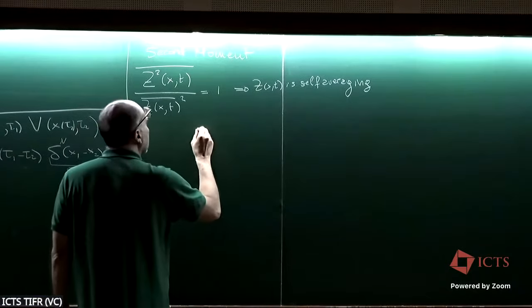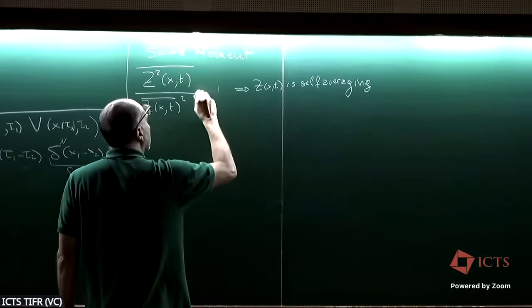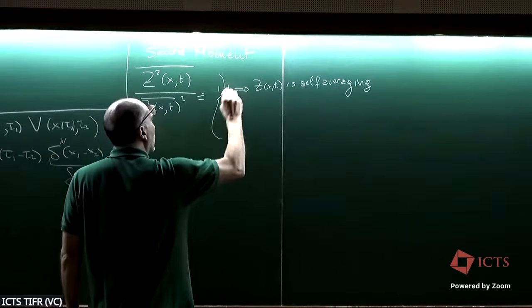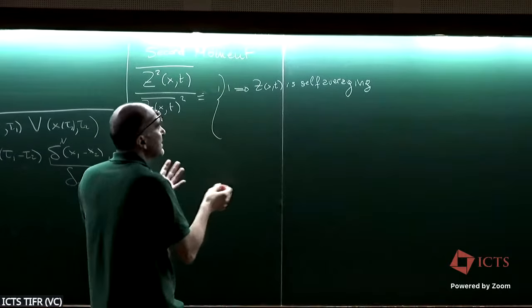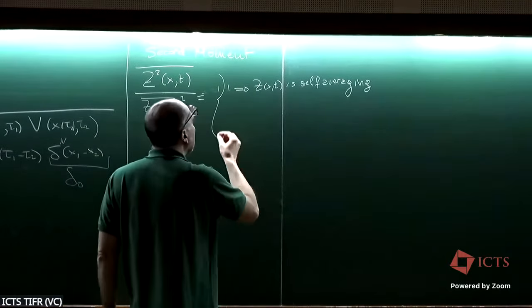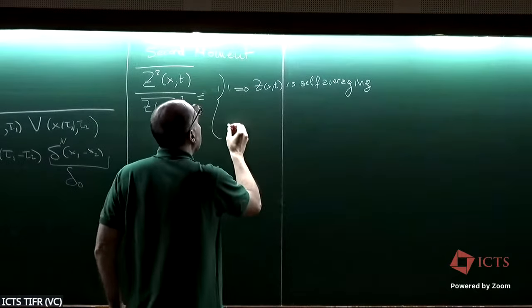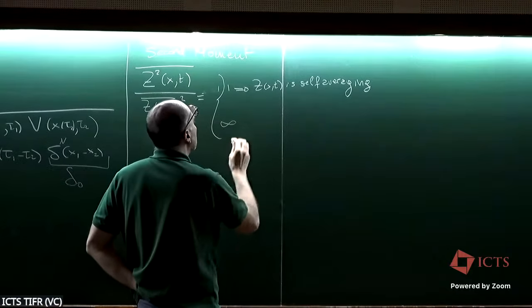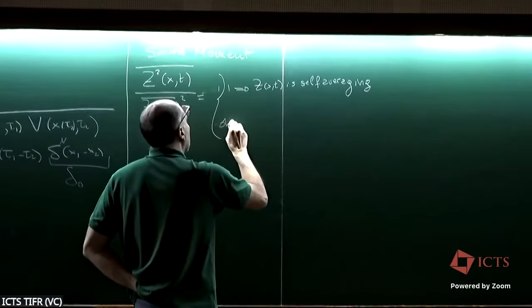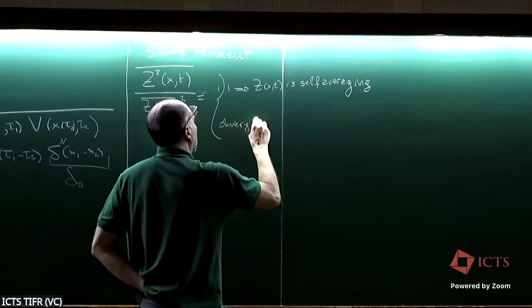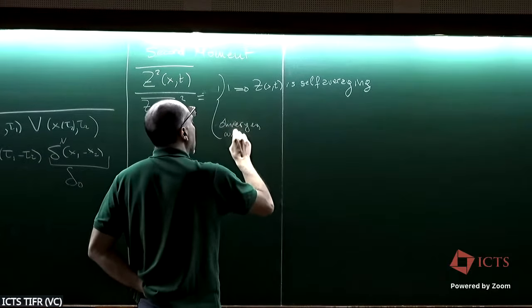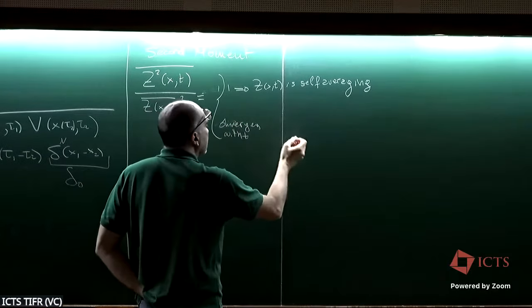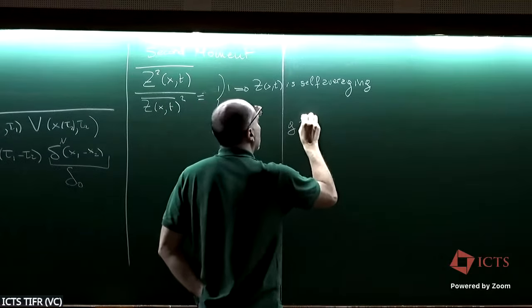But if this is not 1, there are two possibilities. One, if it's small, maybe annealed and quenched don't coincide exactly, but there is no phase transition. To have a phase transition, if it goes to infinity, if it diverges with t, with the size of the system, then you have the glass phase.